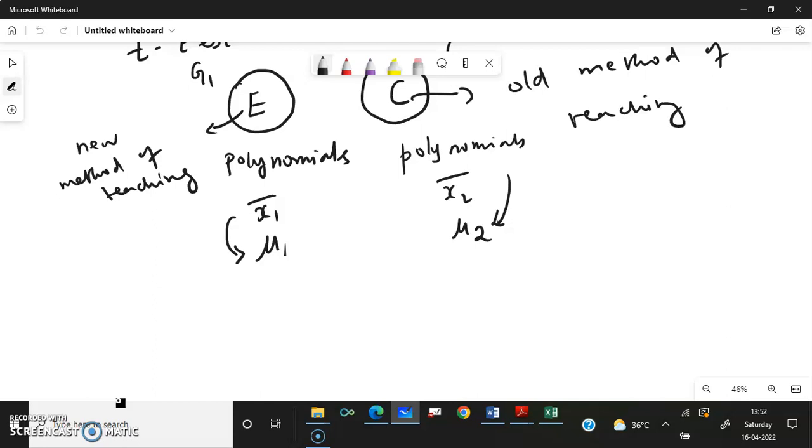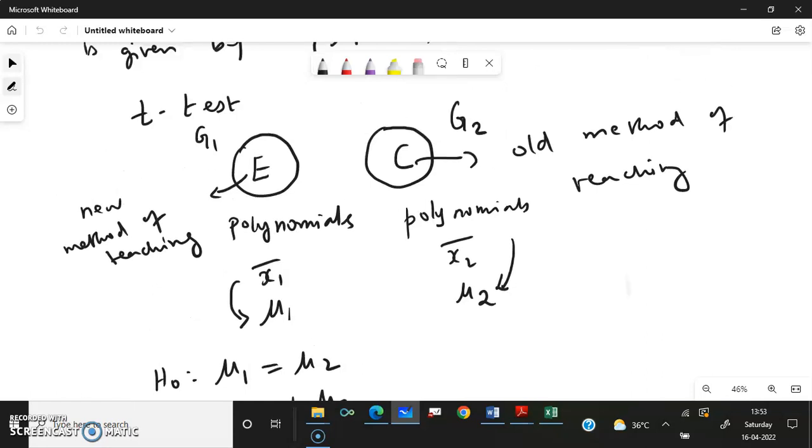So H naught, the null hypothesis, says there is no significant difference between mu1 and mu2. H1 says there is a significant difference between mu1 and mu2. Their means are not equal. So hypothesis you are framing now between the two groups.